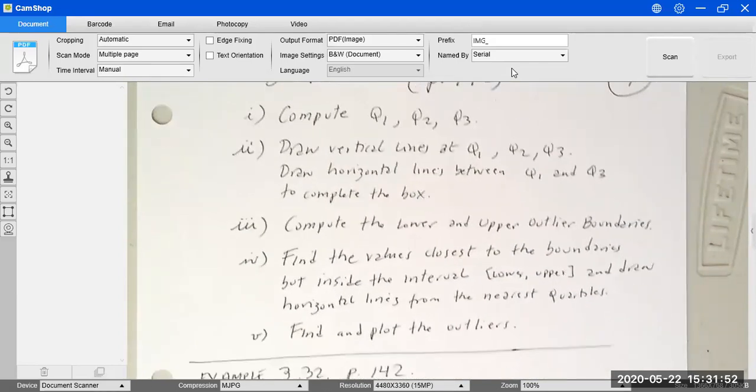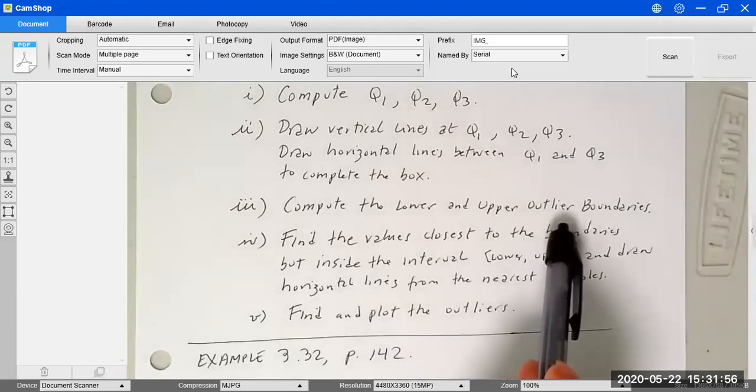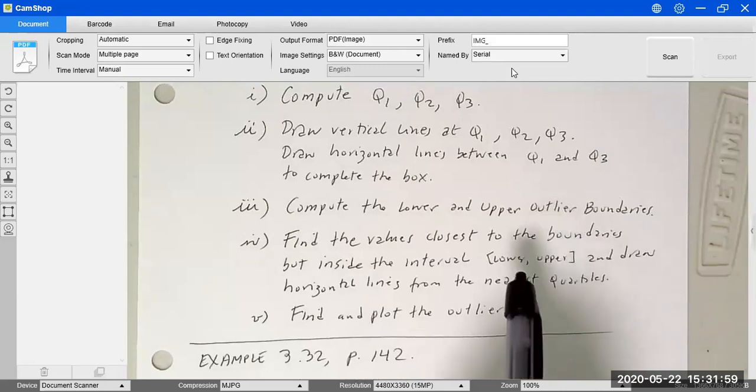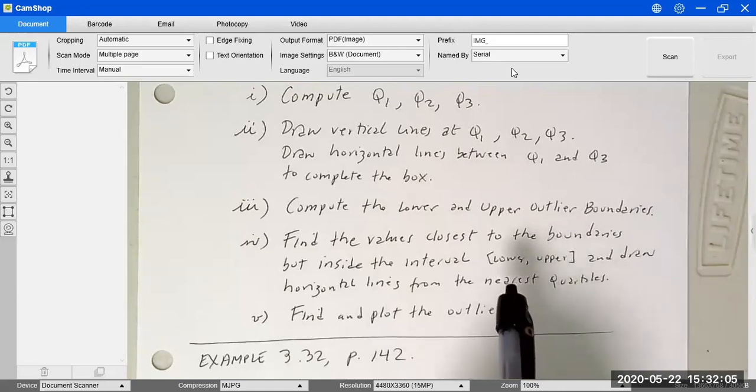Then the next thing is we need to compute the lower and the upper limits for the region that is going to distinguish the outlier regions from the middle region, which is going to be the region with the more ordinary values.